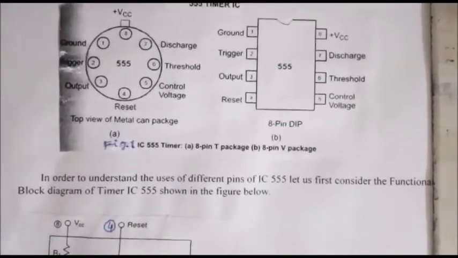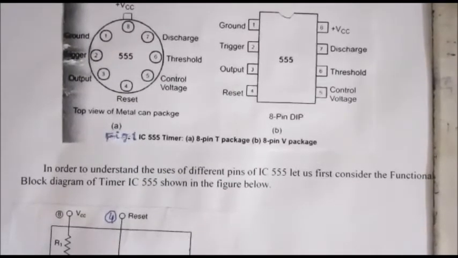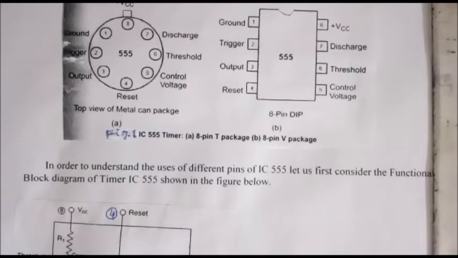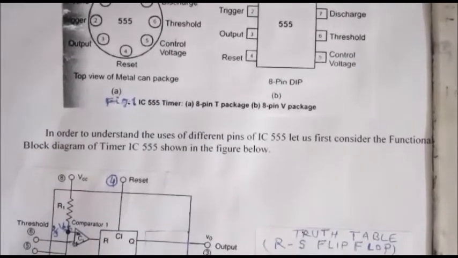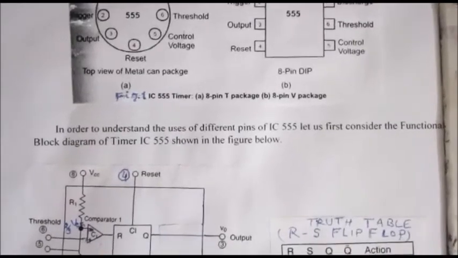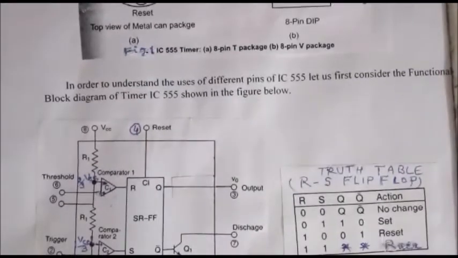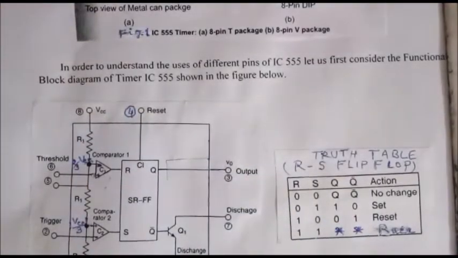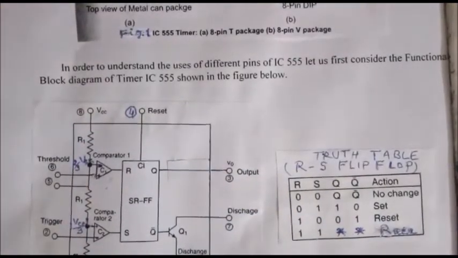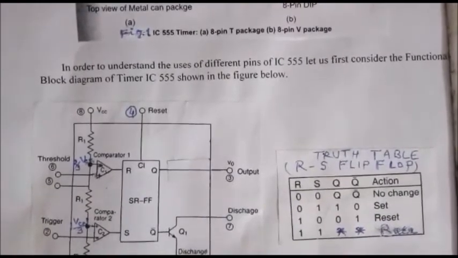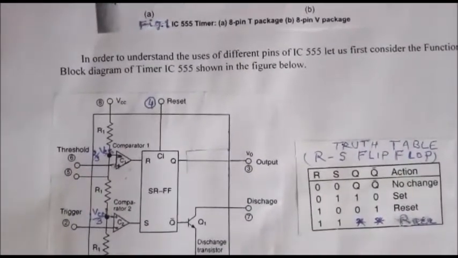In order to understand the uses of different pins of IC555, let us first consider the functional block diagram of timer IC555 shown in the figure below, because unless we consider this figure, we won't be able to understand the uses of the different pins. So in the functional block diagram, you see there are two comparators C1 and C2.